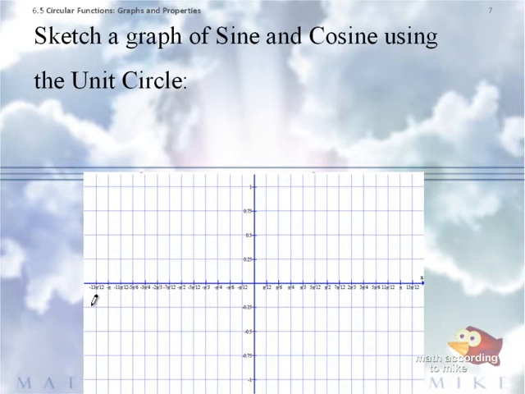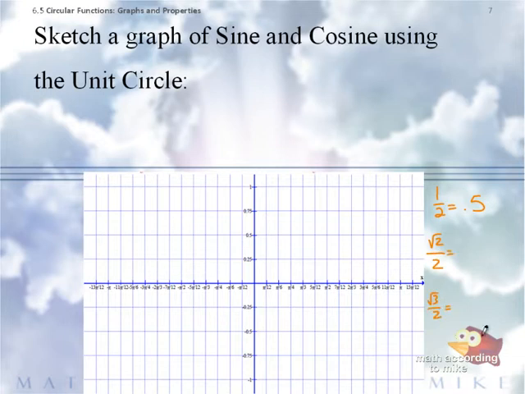What I suggest you do off to the side, because we have some decimals there, please figure out, well, I'll give you the hard one. 1/2 is 0.5. What's radical 2 over 2, and what's radical 3 over 2 as a decimal?